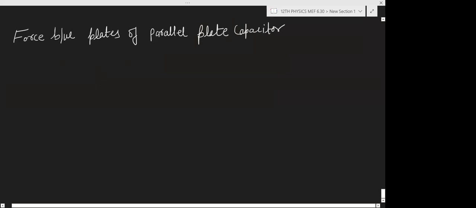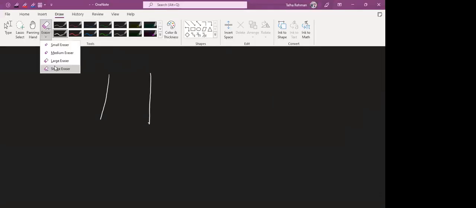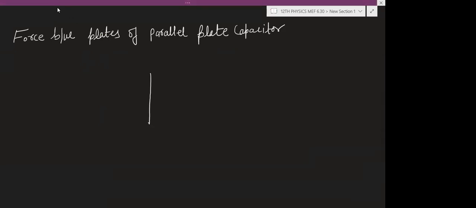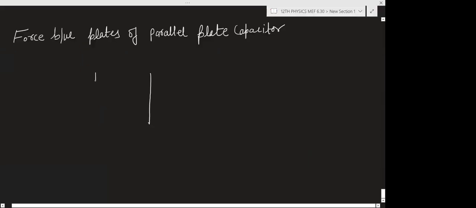So these are two parallel plates, separated by some distance d, a positive charge plate and a negative charge plate, and we will calculate the force between these two plates.